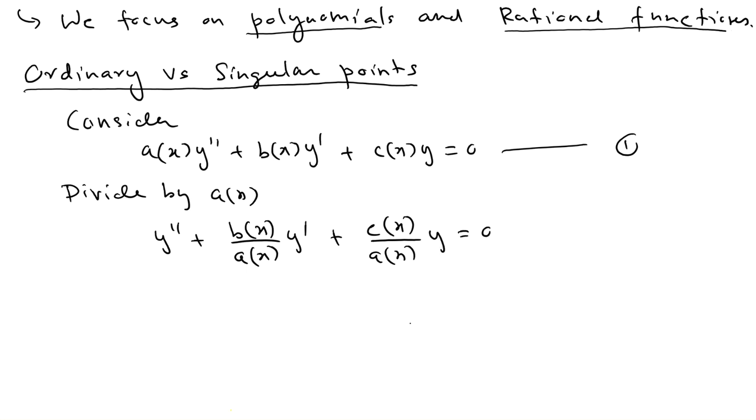But you can do this only when the bottom function a(x) is not equal to 0, because if there's an x where it's equal to 0, you cannot do that. So that's going to define what we call the ordinary and singular points. Also, as before, we normally call this p(x) and this q(x).